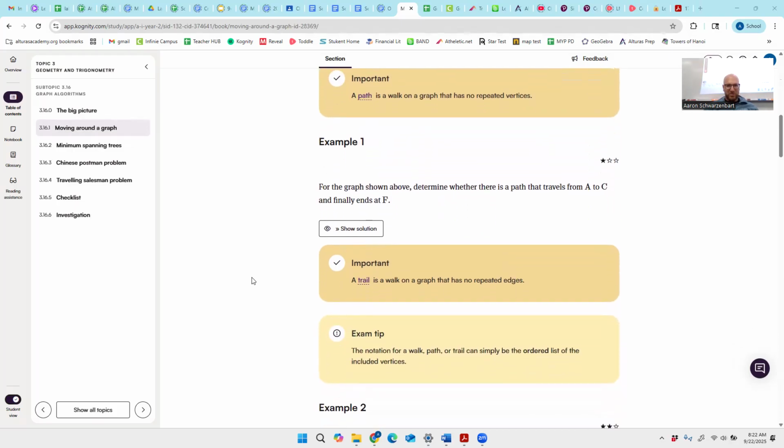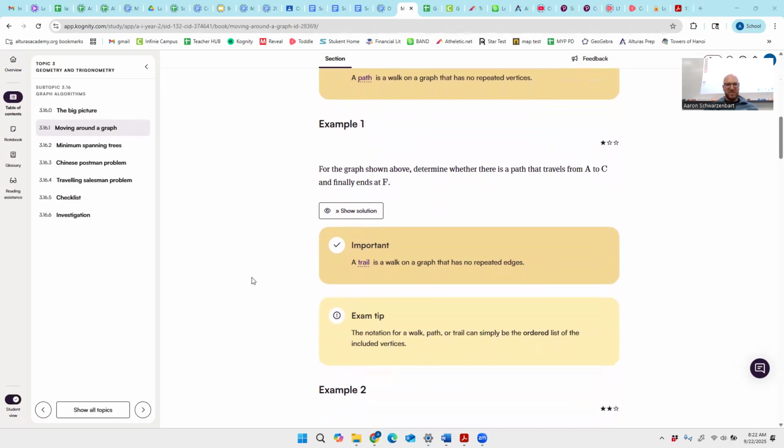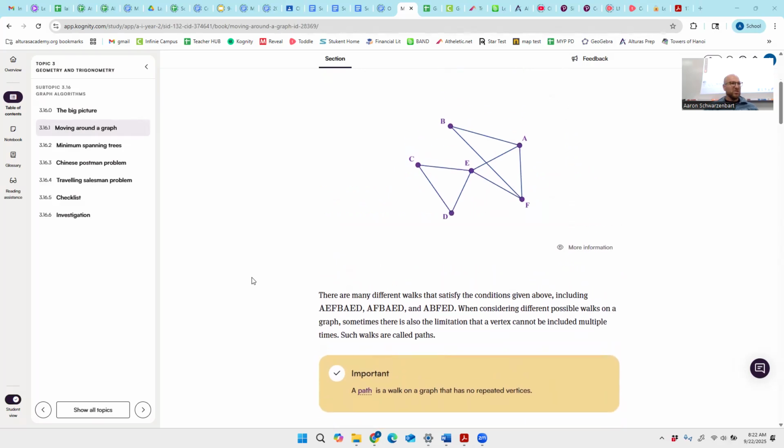A trail is a walk with no repeated edges. Guess what? There is a trail. I drew a trail. So this is a trail that goes from A to C. No repeated edges, though it does have a repeated vertex. A path can't have repeated edges, because you'd repeat a vertex then too.